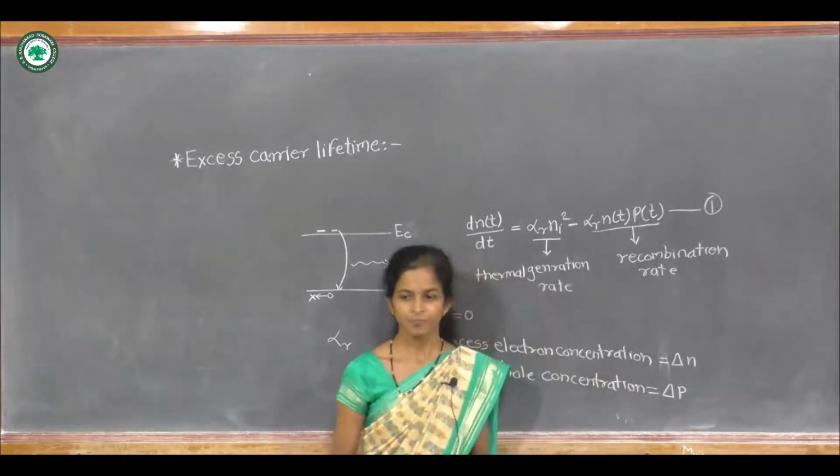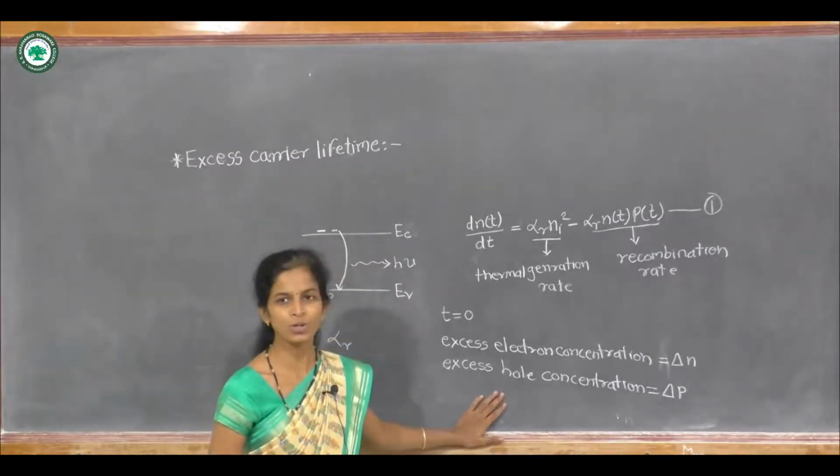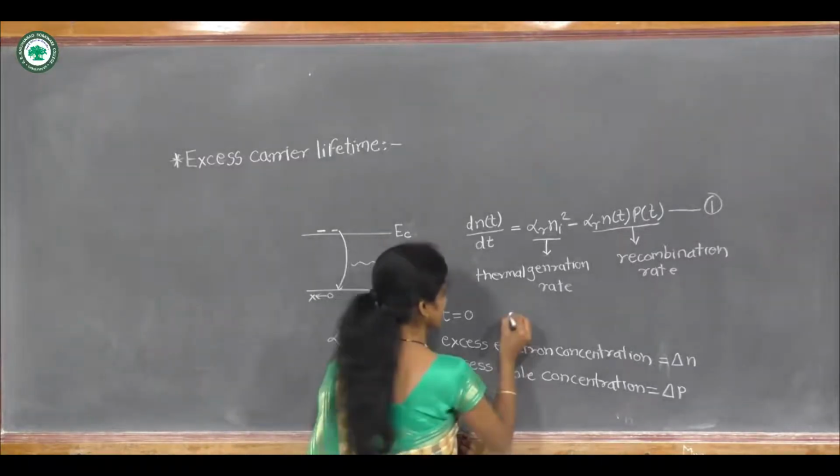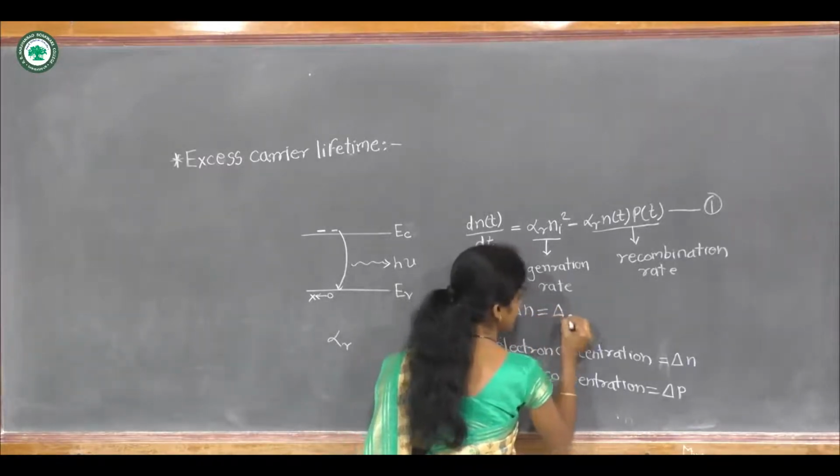Let's consider that the excess electron concentration and excess hole concentration are equal, so we may write delta n is equal to delta p.